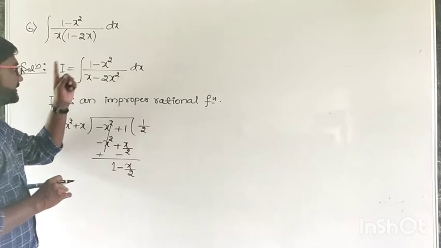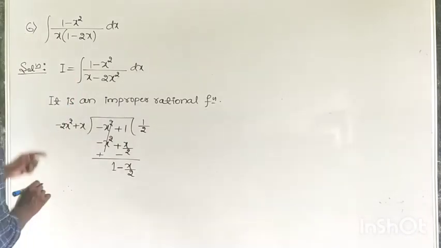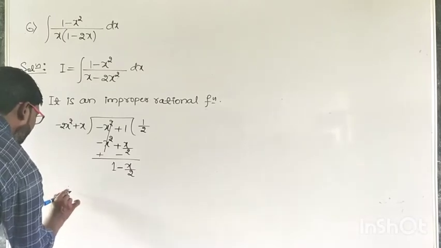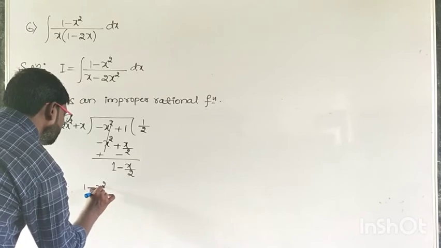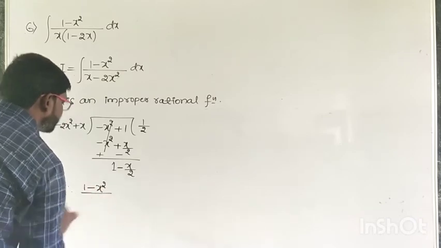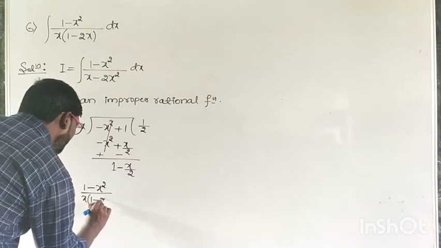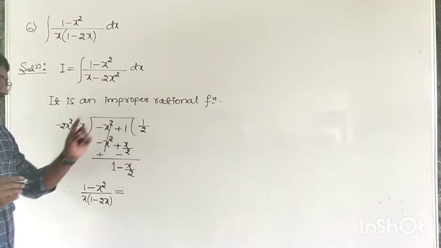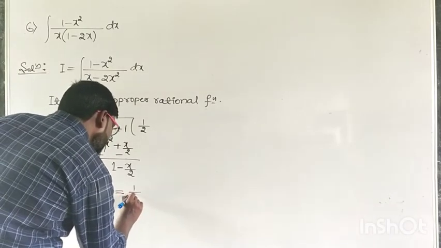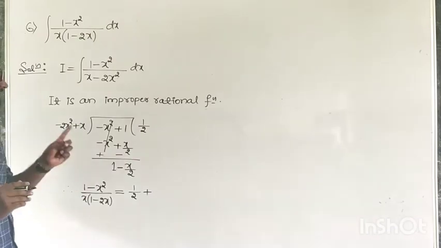So now this can be written as, therefore, what is the given function now? 1 minus x square divided by x into 1 minus 2x, which is equal to, this can be written as quotient plus remainder divided by divisor.